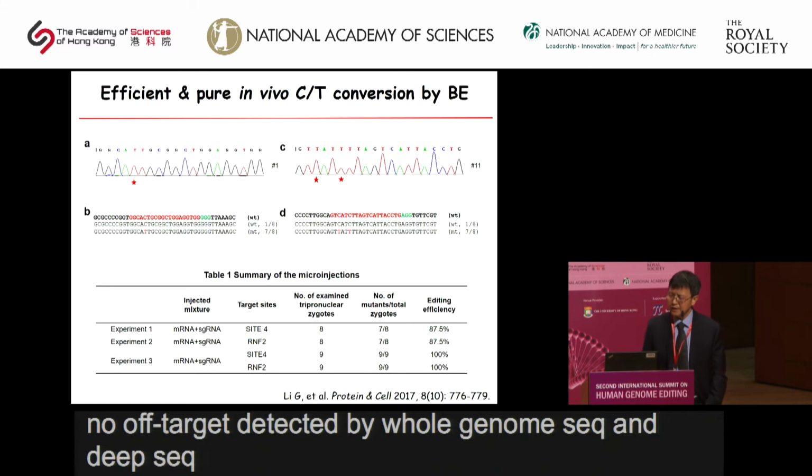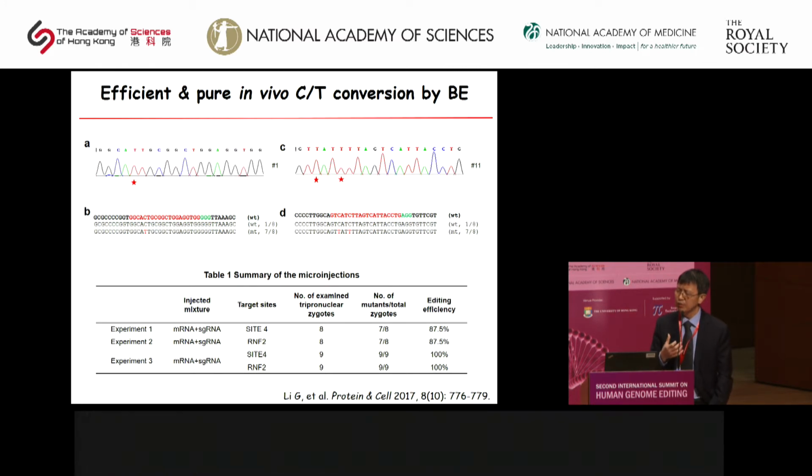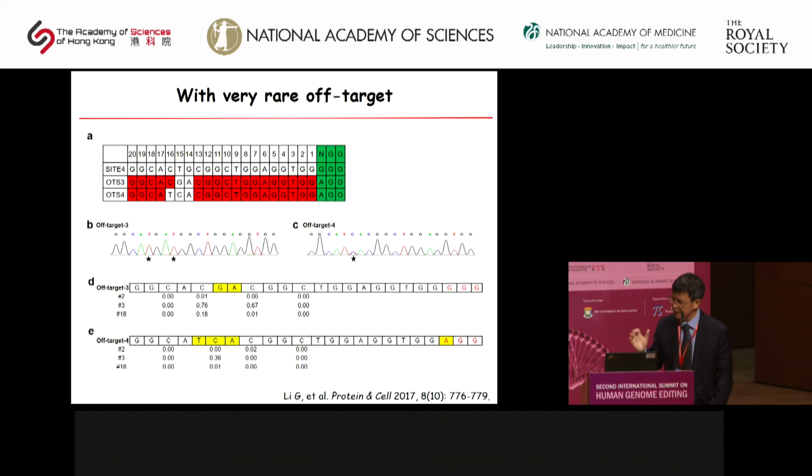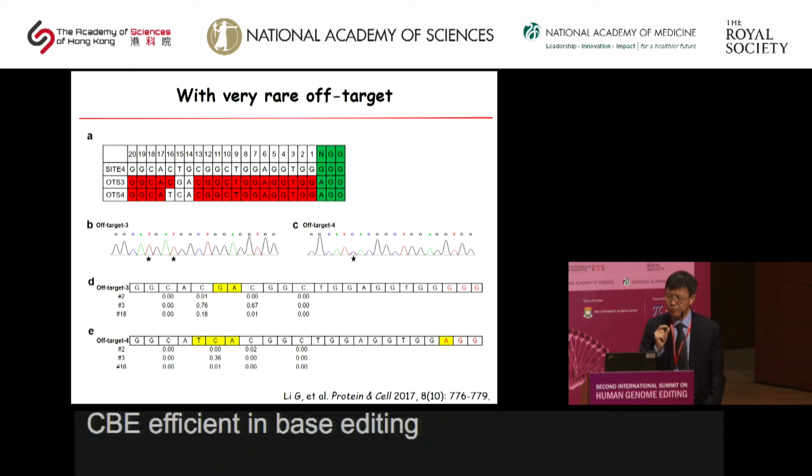Then this data inspired us to try efficient and pure in vivo CT conversion by using CBE, which efficiently performs base editing in discarded human tripronuclear oocytes, but we can still detect very rare off-target by CBE.